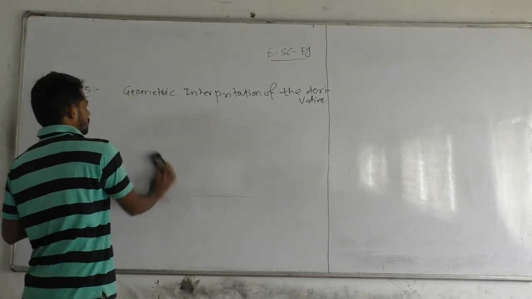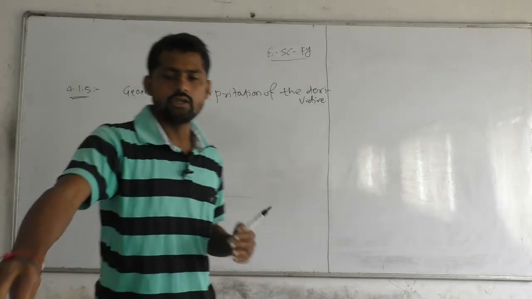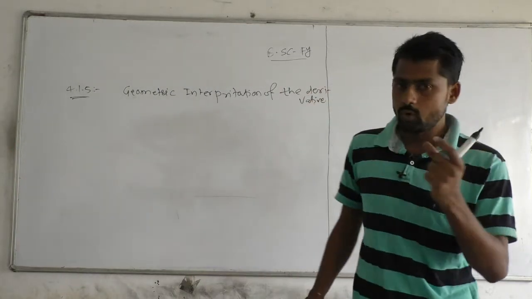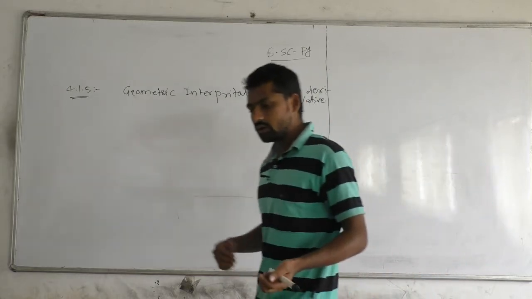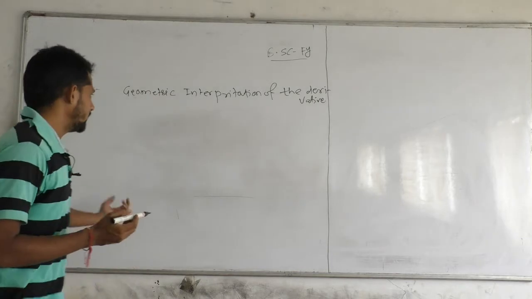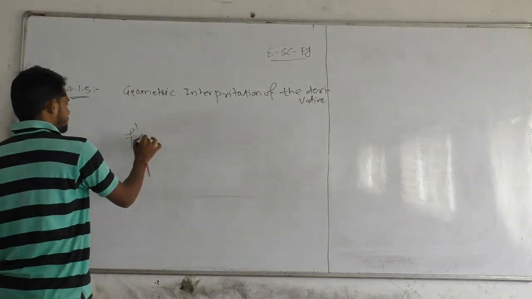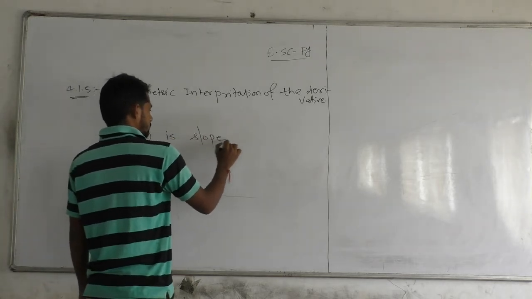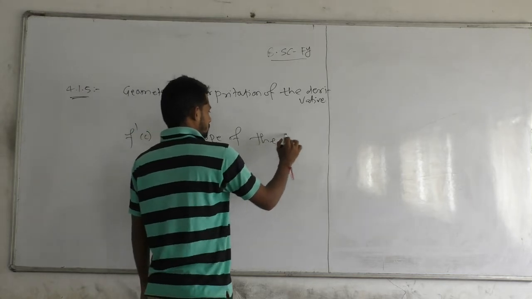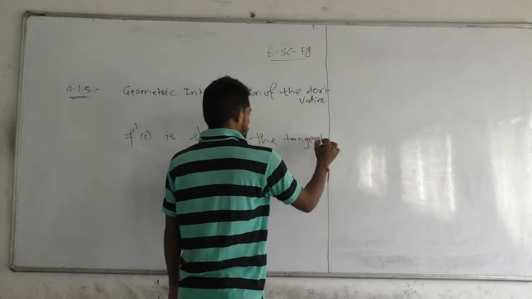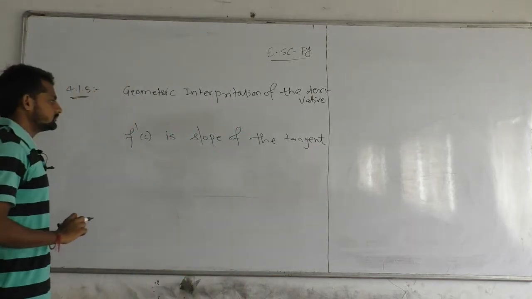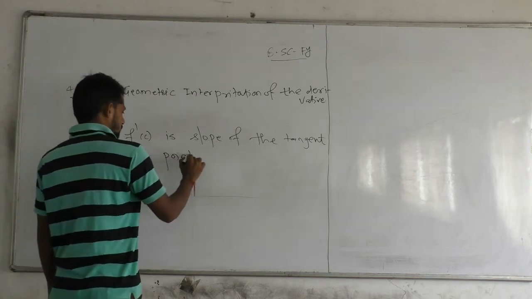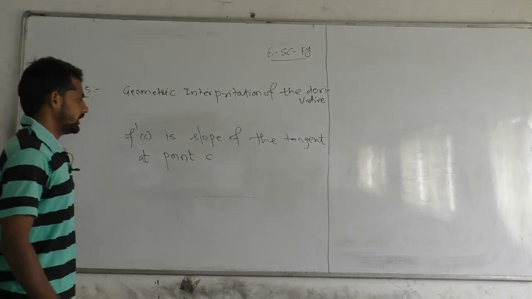In geometric interpretation, the derivative of a function at point c is nothing but the slope of the tangent drawn to a given curve at point c. So the derivative f dash at c is the slope of the tangent at point c.